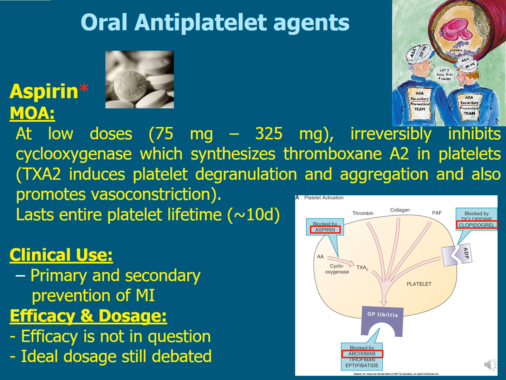Thromboxane A2 is one of the factors that can activate the glycoprotein 2B3A receptors on the surface of the platelet. ATP is also a factor that can activate those receptors. But in the case of aspirin, it's just going to inhibit the cyclooxygenase and therefore inhibit the activation of the receptors and inhibit the platelet aggregation.